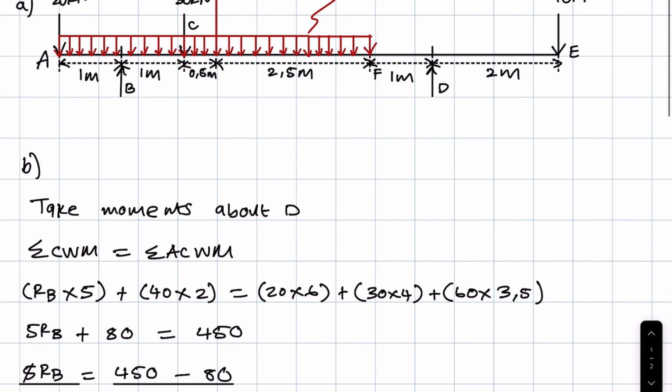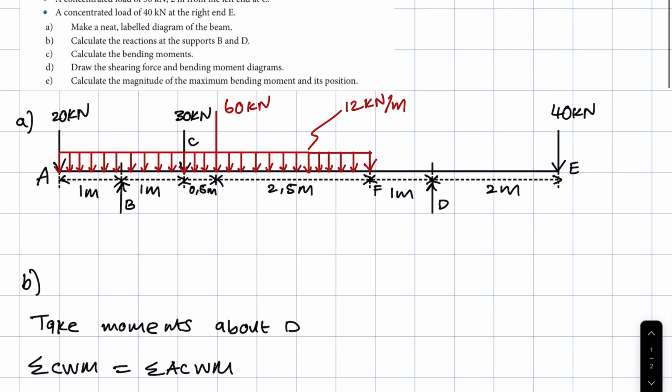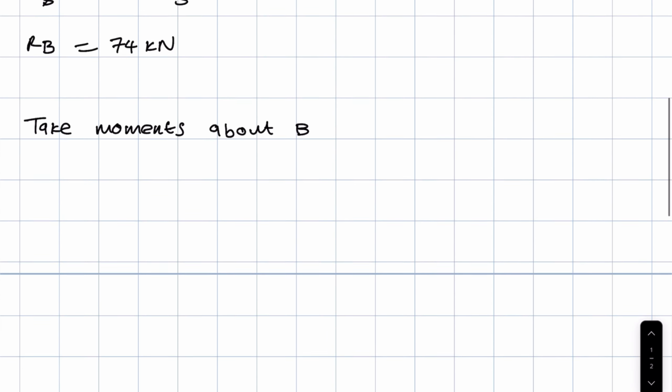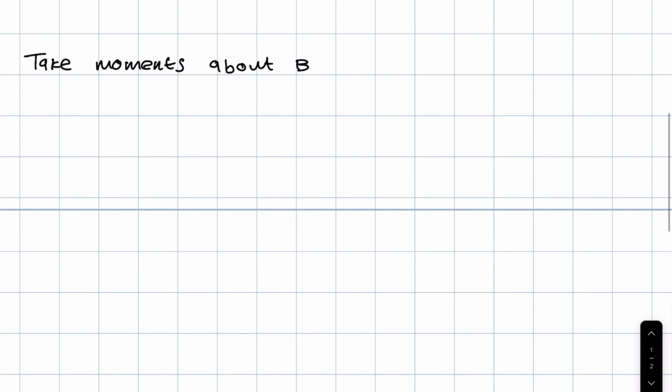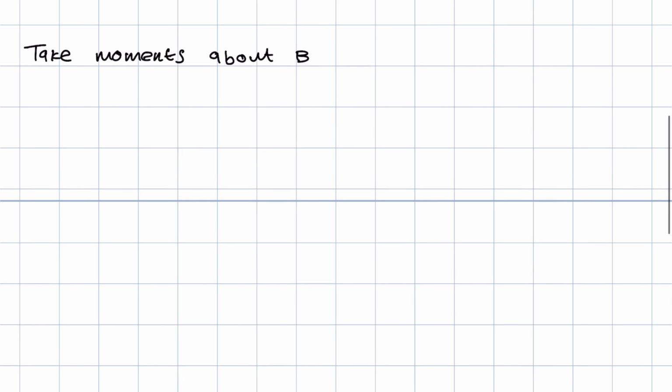Now if we look at all of these forces, the 20 kilonewtons has an anti-clockwise turning effect towards B. The 30 is going clockwise, the 60 going clockwise, D is going anti-clockwise, E is going clockwise as well. So the only anti-clockwise moments are due to the force 20 kilonewtons as well as the reaction at support D. Every other force has a clockwise turning effect, right?